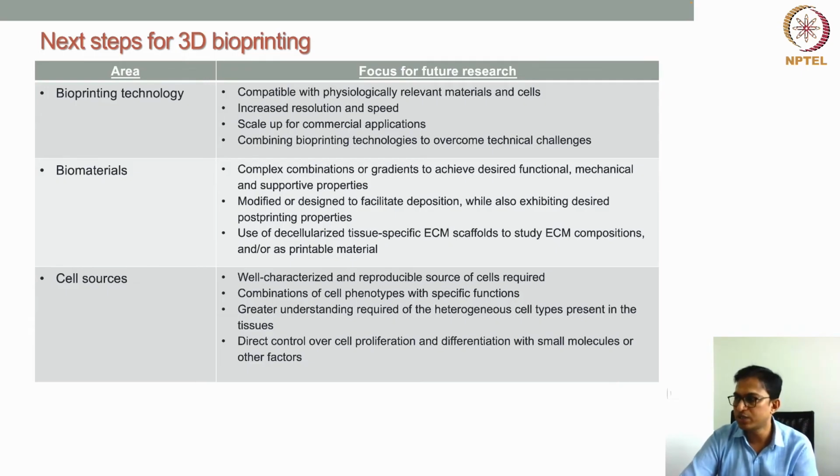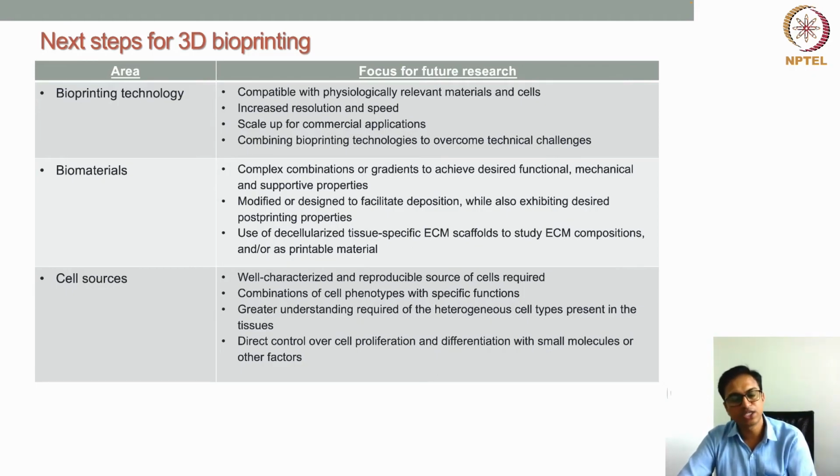The cells are not required because those are mostly immunogenic. Then we can use that ECM material, which is very cell supportive, and stem cell differentiation can also be directed with the help of the DCM materials. We have observed that in our laboratory also.